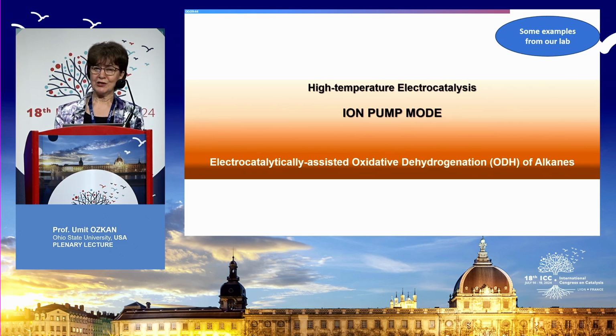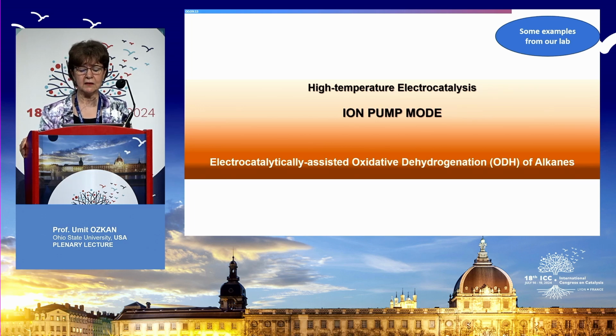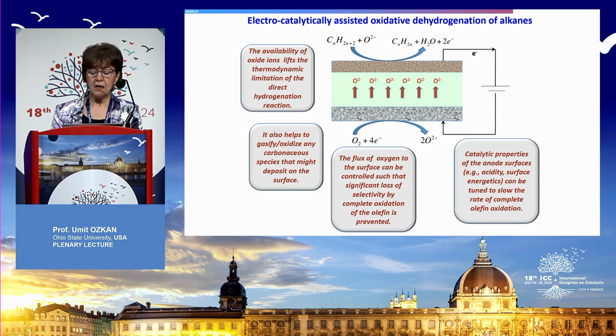I'm going to switch gears again, and these two examples will be very short. Now, this time, we're looking at two oxidation reactions and looking at these electrolytic cells in ion pump mode. So the first example is oxidative dehydrogenation of lower alkanes.